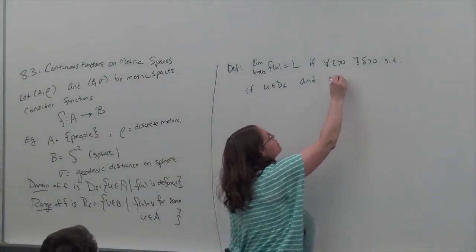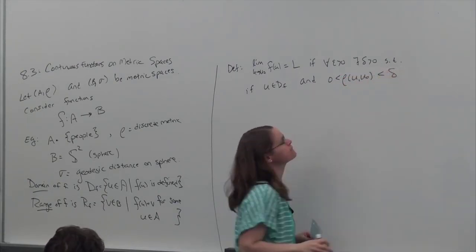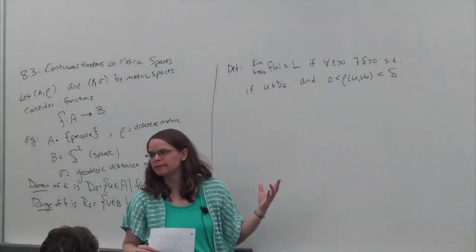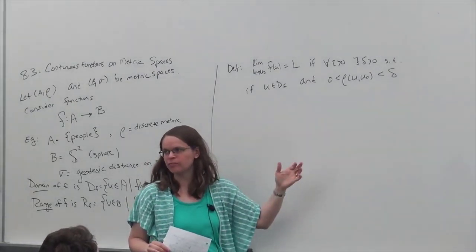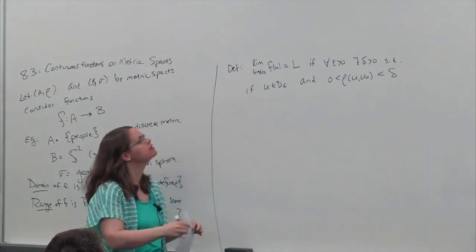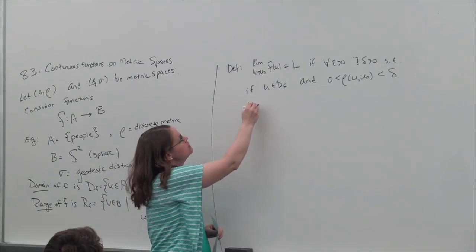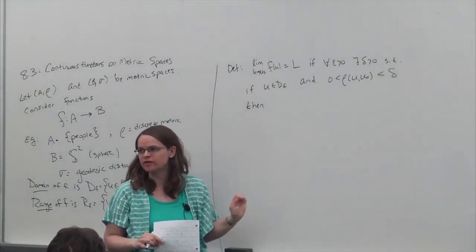Okay, so right, as usual for limits, we don't care what happens when u equals u naught, we care what happens close by. So we have a strictly less than there that matters. And if this is true, then we expect f of u and L to be within a distance epsilon of each other.